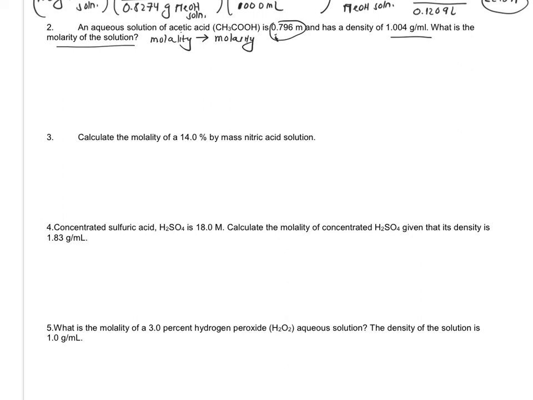Okay, so I have 0.796 moles of acetic acid per 1 kilogram of water.